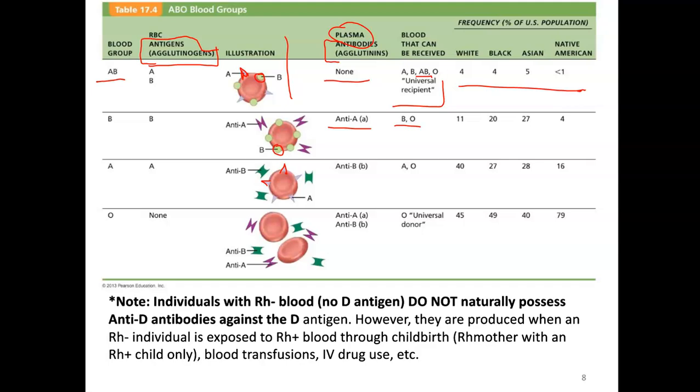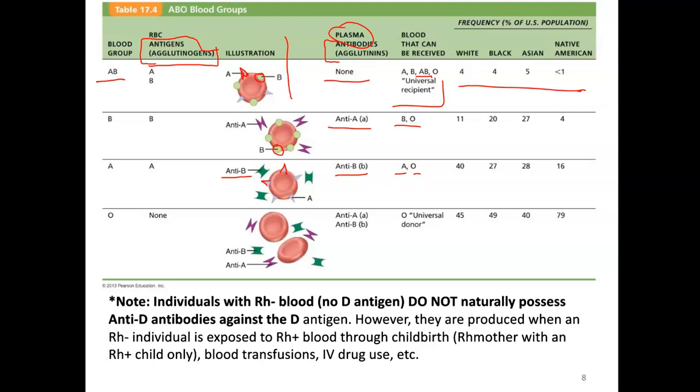People with type A blood have anti-B or B antibodies in the plasma. So anything that has the B antigen cannot donate to people with type A blood. People who have type A blood can only receive blood from type A and type O. And it's the second most common blood type.